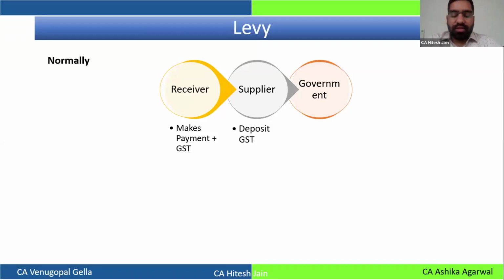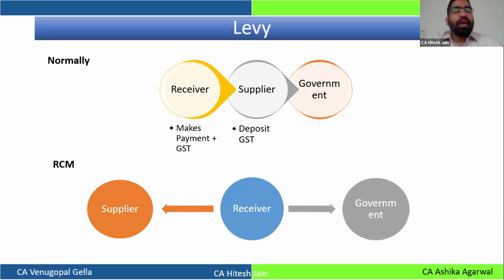In case of reverse charge, the mechanism changes. In this case, the supplier is not liable to pay taxes to the government, but it is the recipient who is liable to pay the taxes to the government. What the recipient does is make the payment without tax to the supplier, and it directly pays the tax on behalf of the supplier to the government.